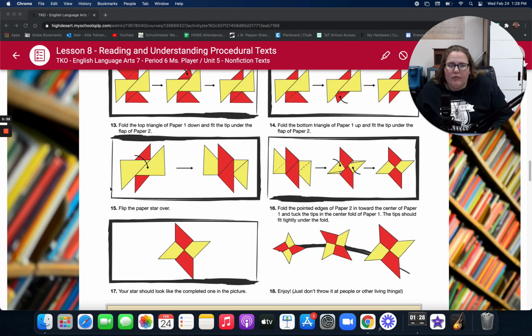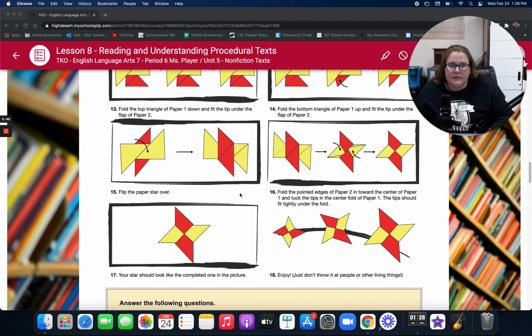Flip the paper star over. Reading is important. Fold the pointed edge of paper 2 in towards the center of paper 1 and tuck the tips in the center fold of paper 1. The tips should fit tightly under the fold.